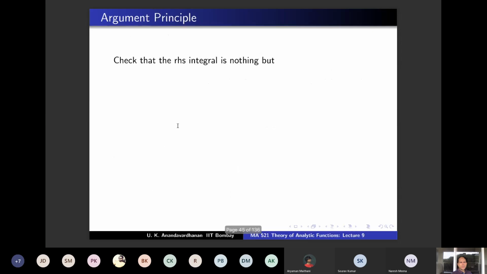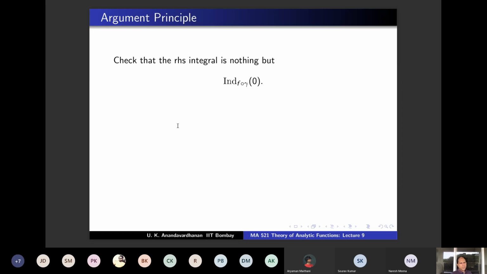Check that this integral is nothing but the index of the point 0 with respect to f compose gamma. We are not saying anything about 0 being in the region or not. In order to make this statement, that's not important. This is like when we constructed those polygonal paths, whether they belong to omega or not, it doesn't matter.